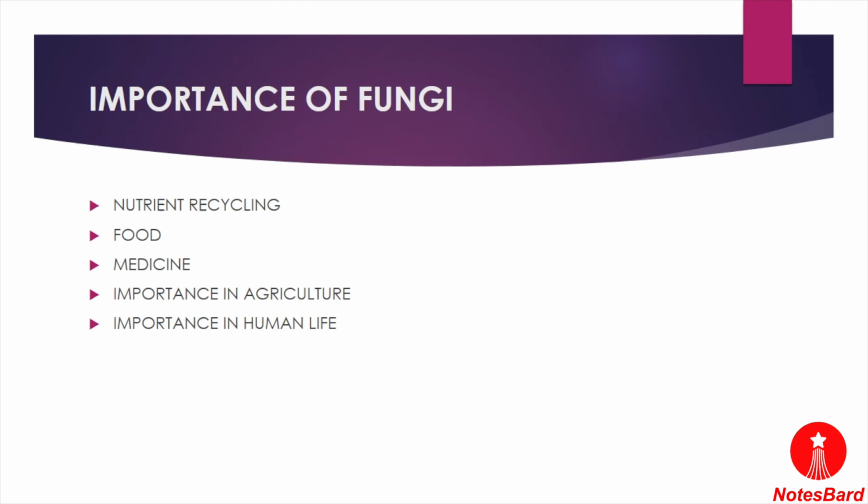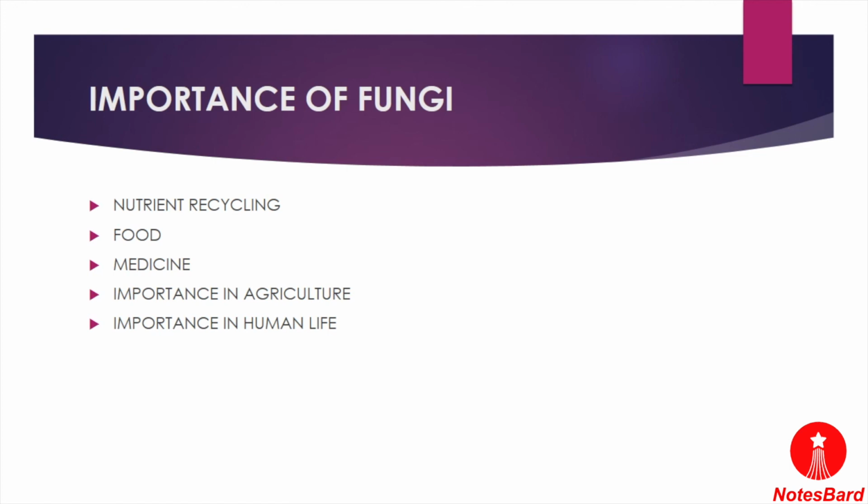Now let's understand the importance of fungi for the ecosystem as well as for humans and other plants and animals. As we discussed in our earlier video, they play an important role in the nutrient cycle in the ecosystem. They are one of the most important groups of organisms on the earth, they play a very important role in the biosphere, and they also have very important economic importance.